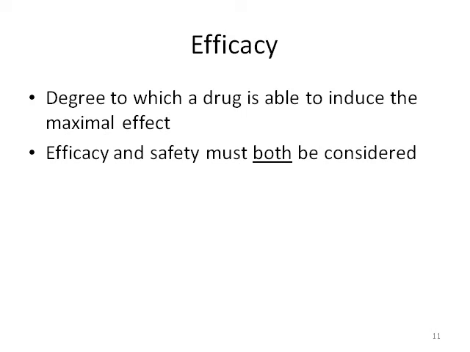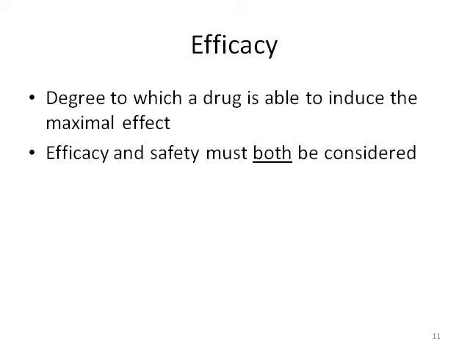Slide 11 talks about efficacy, and efficacy is the degree to which a drug is able to actually produce its maximal effect. A drug that is very efficacious is considered to be able to produce its effect. I've got a statement here on the second bullet point of slide 11 which is important: when you look at drug effects, you have to look at whether the drug produces the type of effect we want.